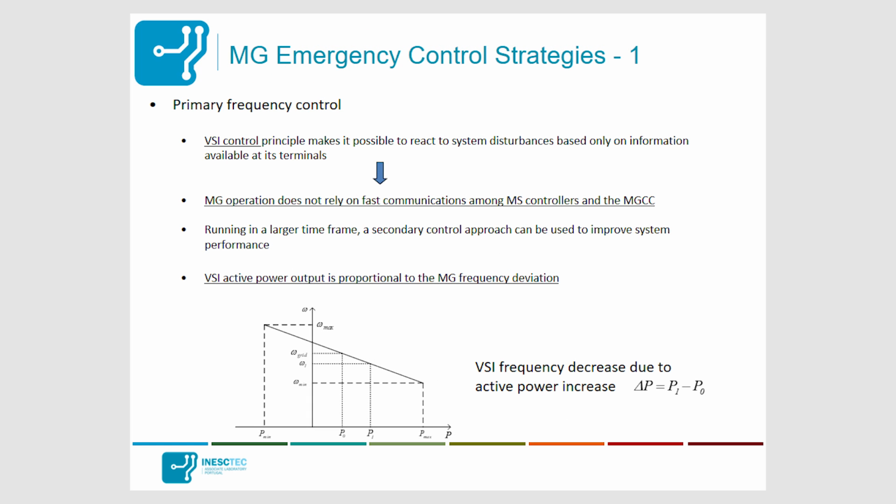This is the so-called primary frequency control, and it is up to the voltage source inverter to keep the frequency on the basis of a droop frequency control mode, responding proportionally to the frequency deviations.